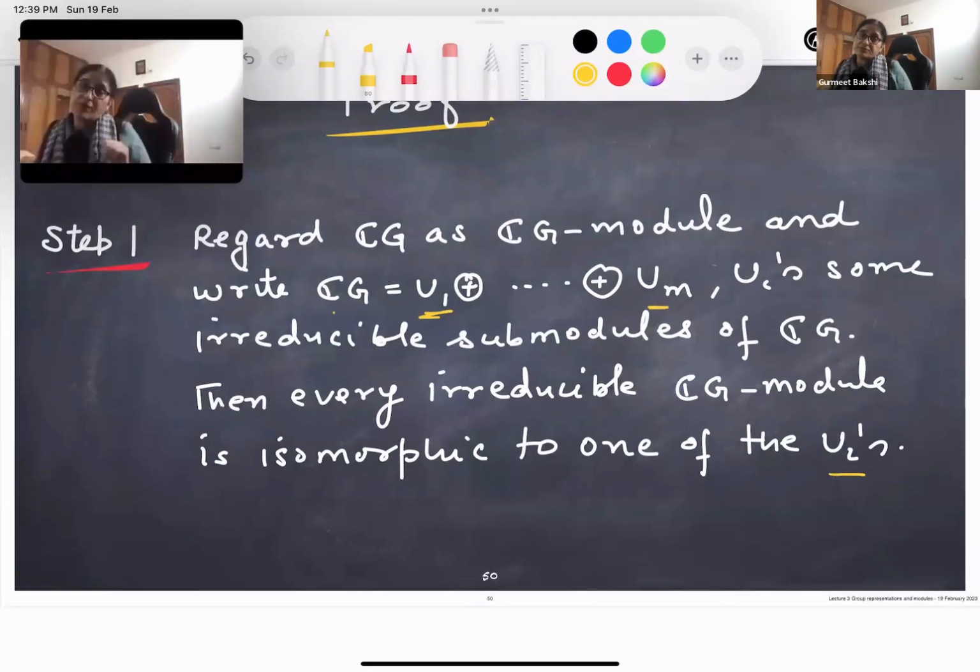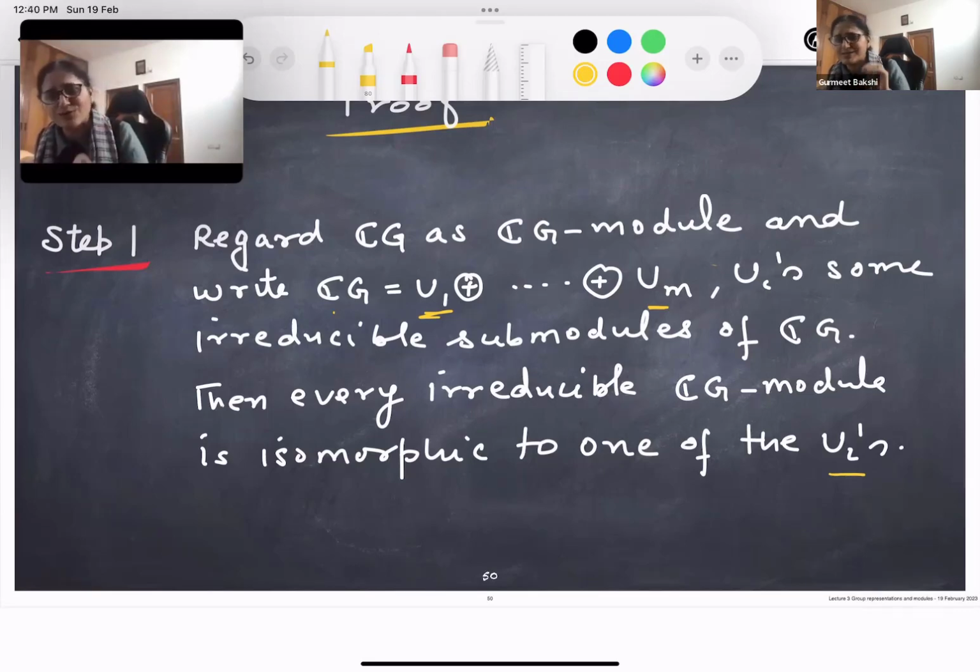So therefore, in order to write down irreducible representations, what do you need? You need irreducible CG modules. Now, where do you go to get hold of those? You go to the irreducible CG submodules of CG as a CG module. That is enough.